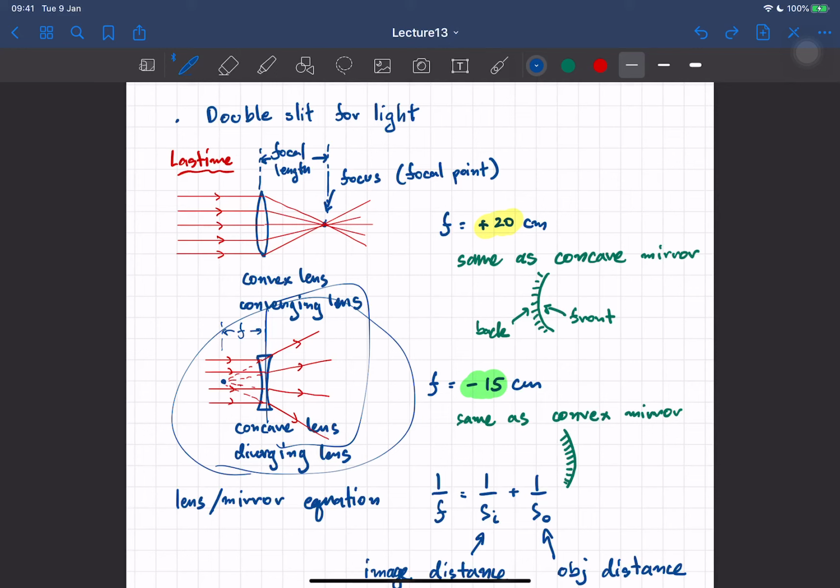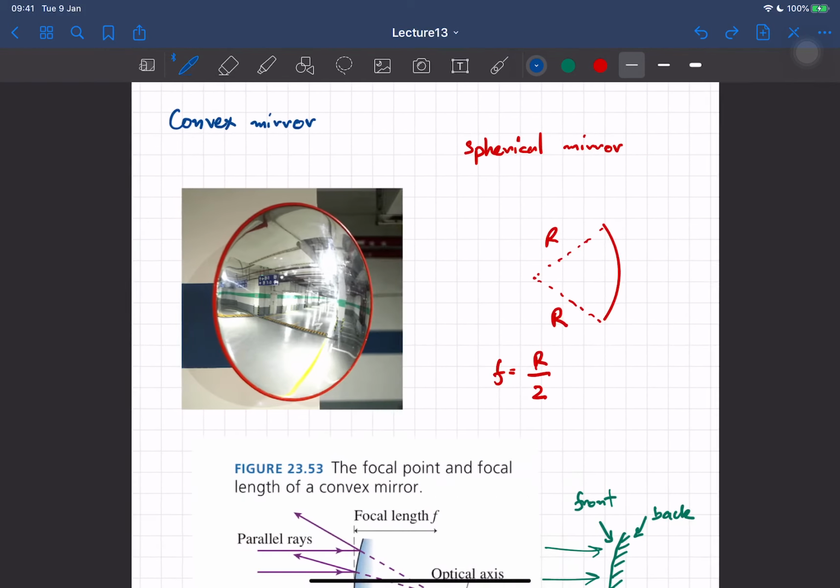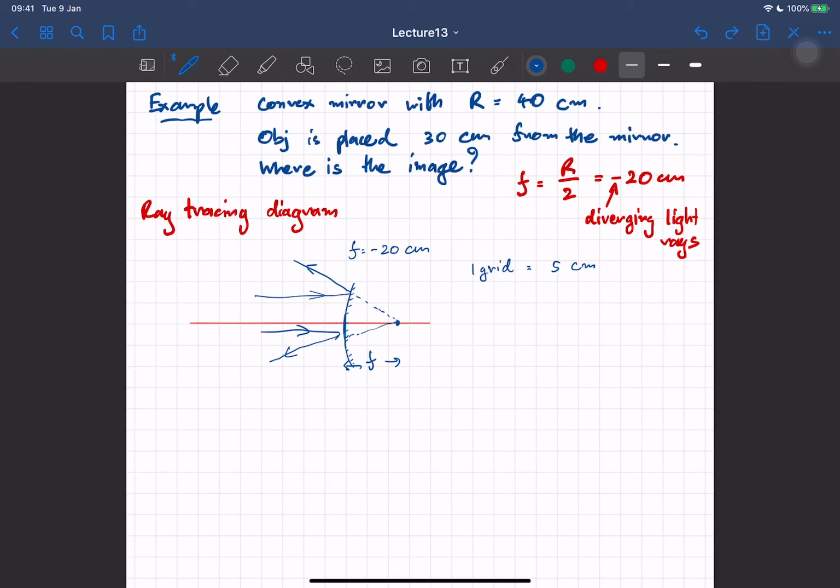So we are not really learning new things here. We're just learning another optical element which behaves exactly like a concave lens, except it's made from mirrors. So everything will be very familiar to you, hopefully. We can do the ray tracing without too much difficulty.